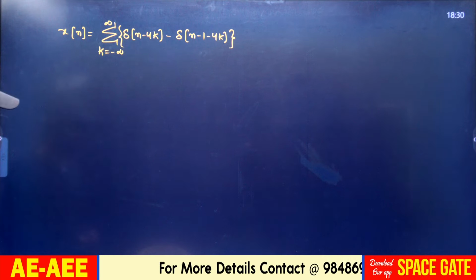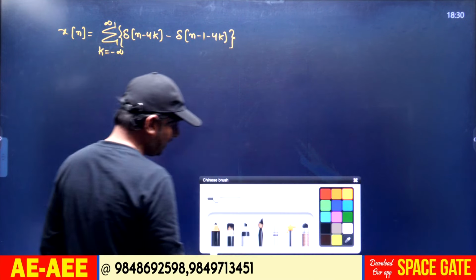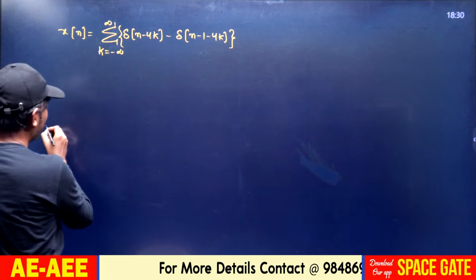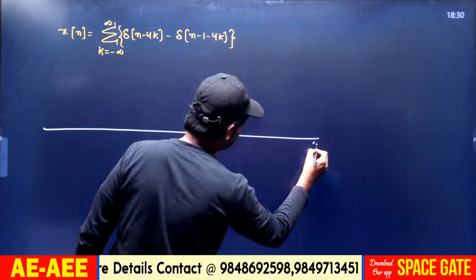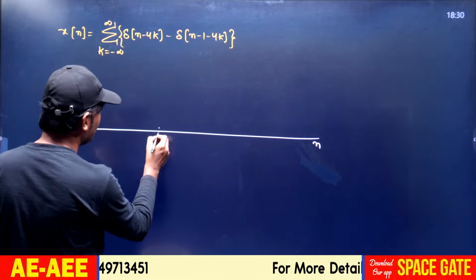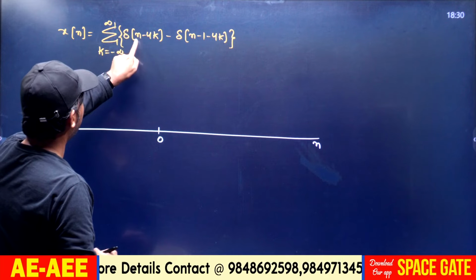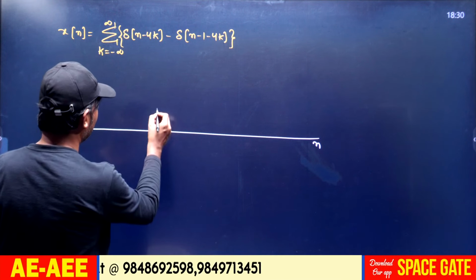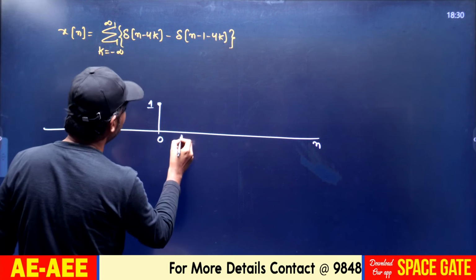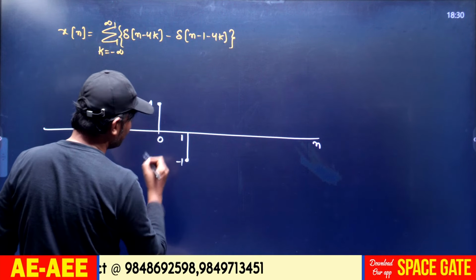This signal can be drawn by giving different values of k, and the values of k must be integers, right? What happens if I substitute k is equal to 0? You get del n minus del n minus 1. Minus del n minus 1 means it will look like this, right?